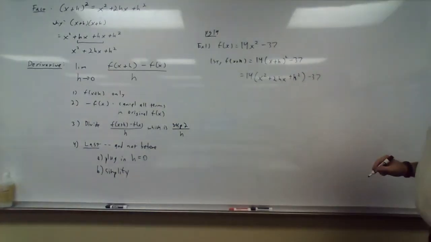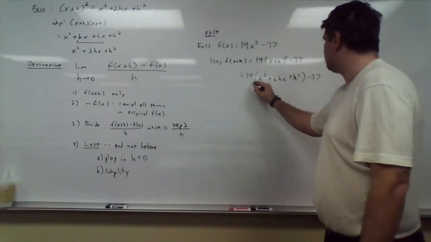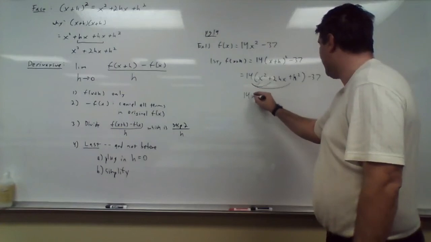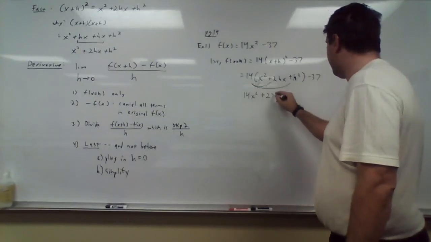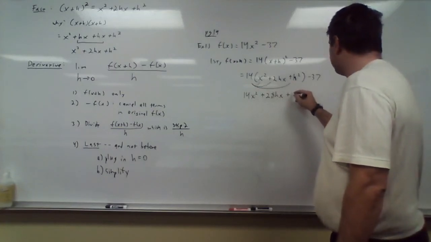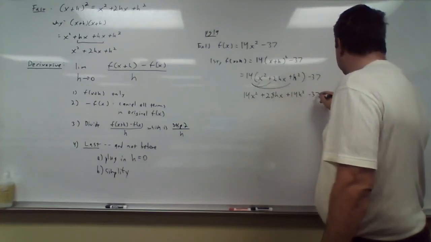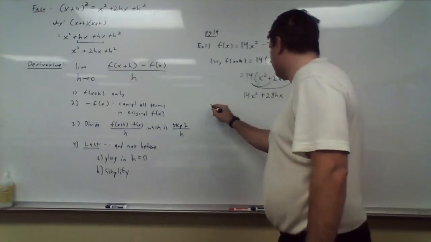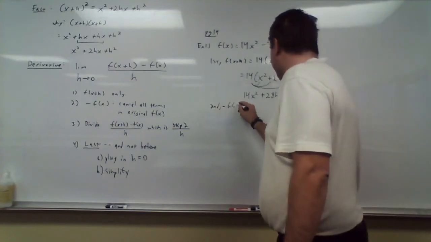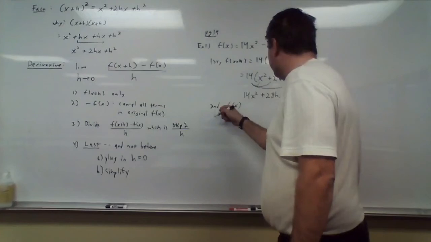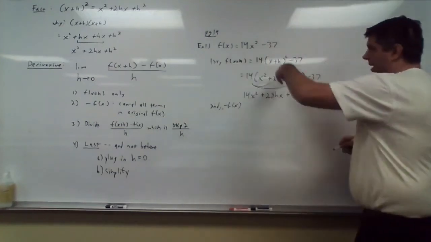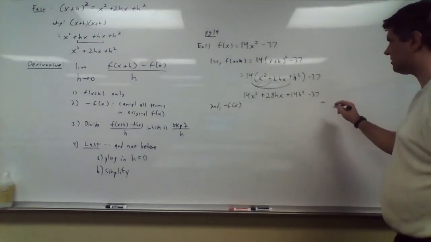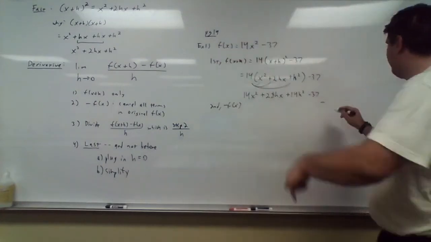Okay? Distribute, and we have 14x squared plus 28hx plus 14h squared minus 37. Okay? Second, minus the f of x. So we have finished the first step. Now we'll do the other step, which is to subtract the original f of x.